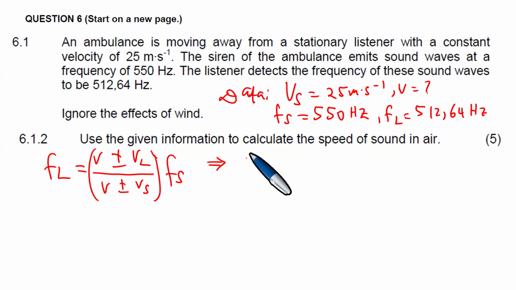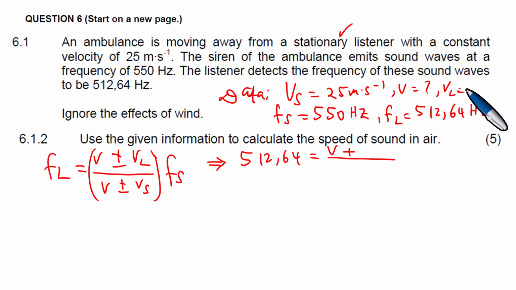So the frequency detected by the listener is 512.64, which equals the formula with the velocity and also the velocity of the listener. Remember that the ambulance is moving away from a stationary listener, so the velocity of the listener is 0 meters per second.